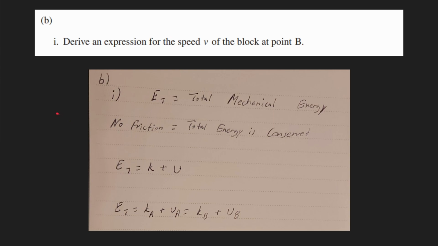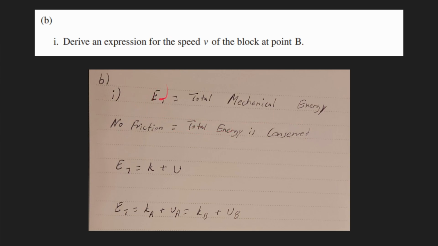Alright, now here's part B, part 1. To derive an expression for the speed, v, of the block at point B. So let's start off simple. Our total mechanical energy, let's make that ET. And as we said before, there's no friction, so that means the total energy is conserved.